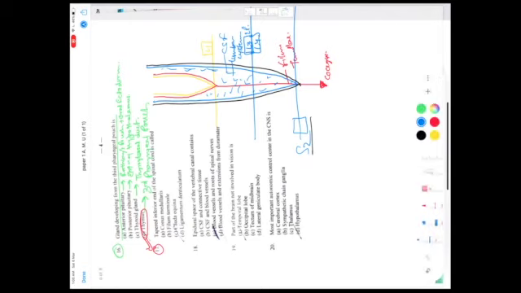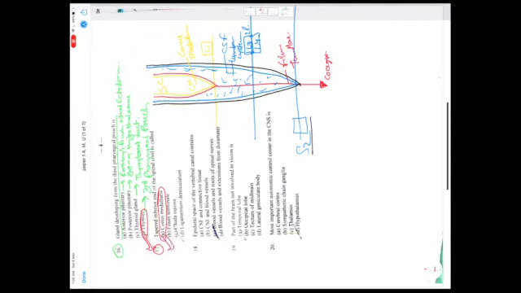Then talking about the structures named here, this portion is the spinal cord, and this portion is called conus medullaris, which has been asked in the question. The tapered inferior end of the spinal cord is conus medullaris, right?